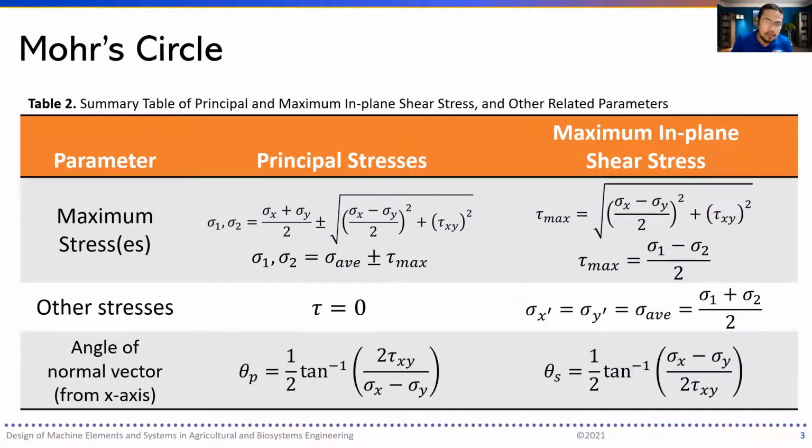And we're lifting this same table from the previous lecture, primarily because this states the various formulae for solving the principal stresses and the maximum in plane stresses, based on the computed normal and shear stresses in a certain material or body.